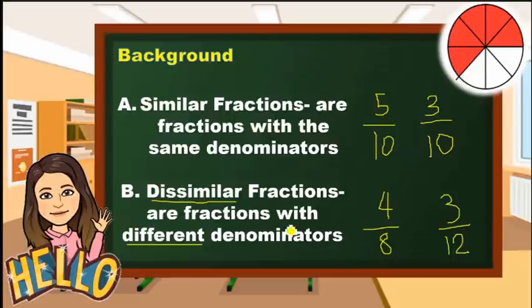So these are dissimilar fractions. I hope you now understand the difference between similar fractions and dissimilar fractions. Similar fractions have the same denominators or pareho ang denominator, and the dissimilar fractions have different denominators or magkaiba ang kanilang denominators.